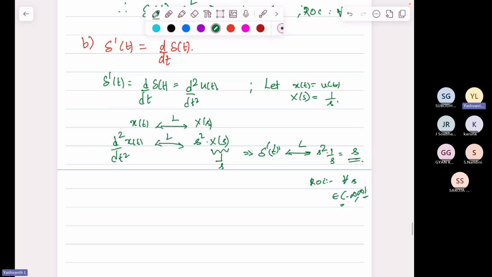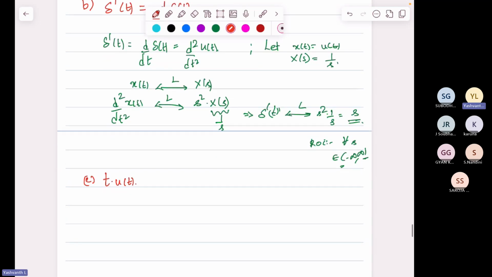Now, third question. t into u(t). How do I find the Laplace transform of t into u(t) if I know the Laplace transform of u(t)? Again, by property. My property is that if x(t) has a Laplace transform X(s), then t into x(t) will have the Laplace transform minus d/ds of X(s). How?